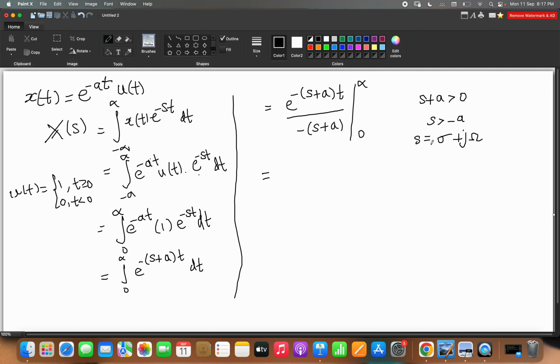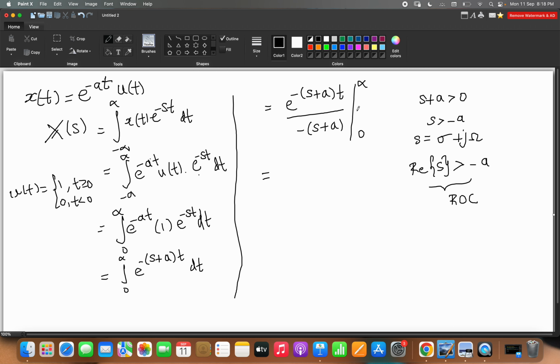So in this case we need to bother only about the sigma value, which is nothing but the real part of s. So the condition for making this term a finite value is that the real part of s needs to be greater than minus a. Usually we consider this as the region of convergence, ROC. Okay, so just note this down.